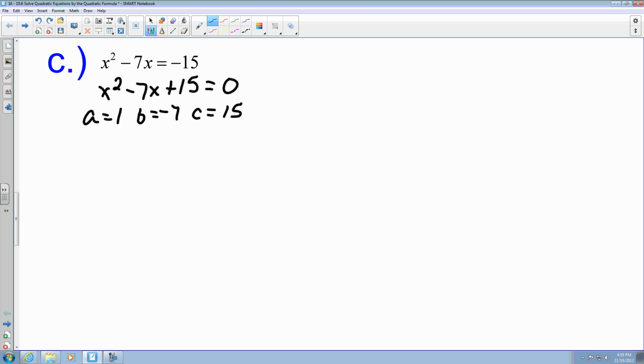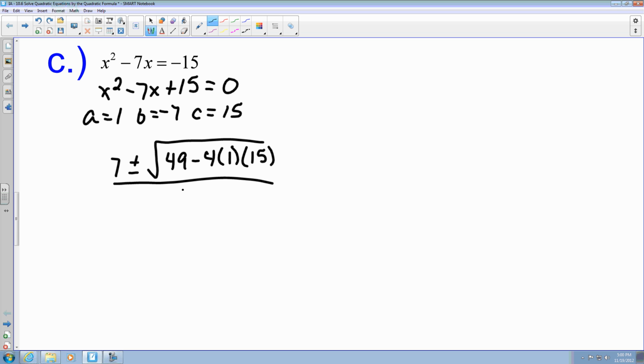So again, substituting into the equation, we have negative B. Our B is a negative 7, so that's a positive 7, plus or minus the square root of negative 7 squared, which is 49, minus 4 times 1 times 15, all over 2a. 2 times 1 is 2. So bringing this down, we have 7 plus or minus the square root of 49 minus, 1 times 15 is 15, 15 times 4 is 60, all over 2.